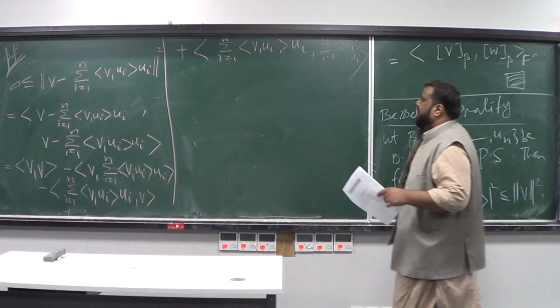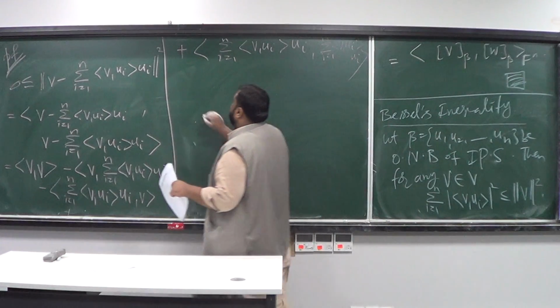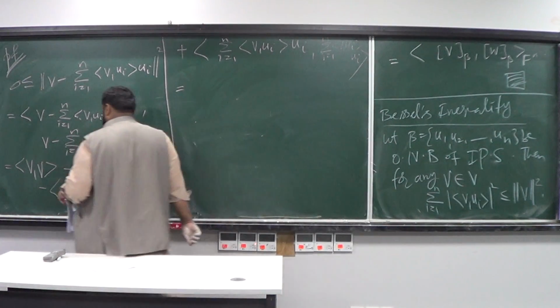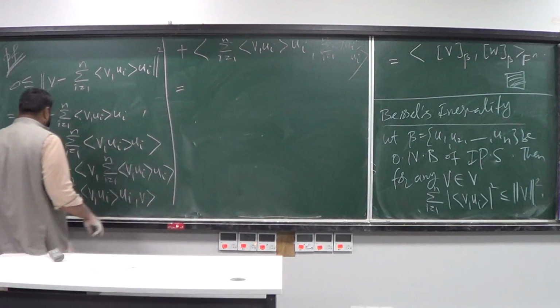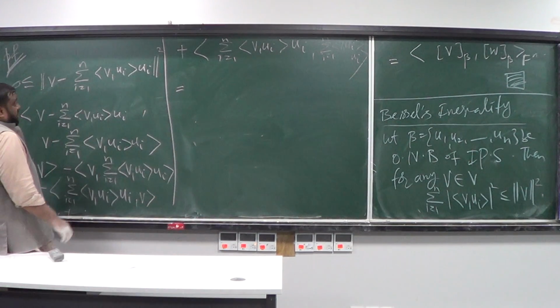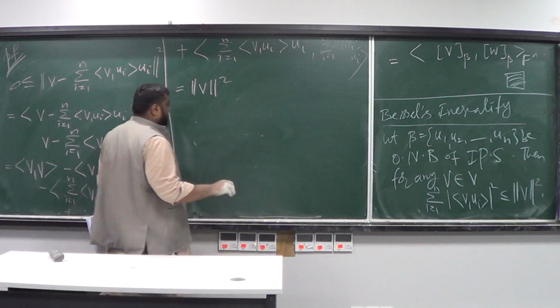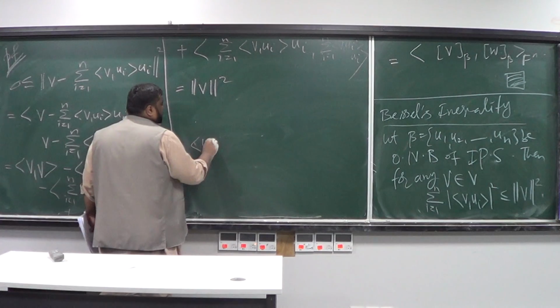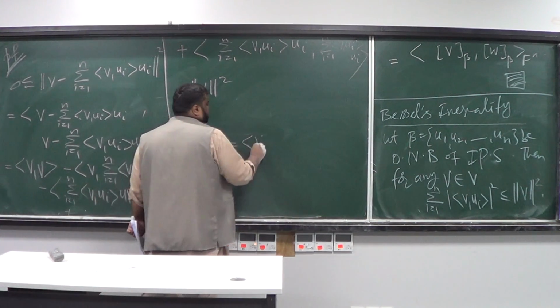So this is what you're going to get. Okay. So if you simplify it a bit more, this is going to be the norm of v squared. Recall the property (u, v) is equal to the conjugate of (v, u).